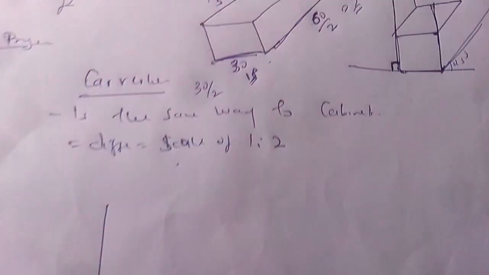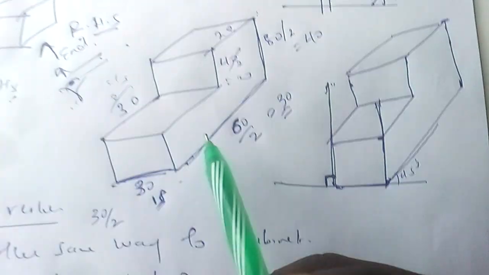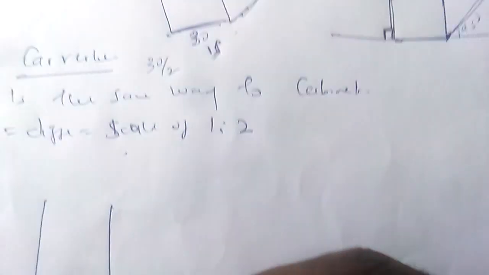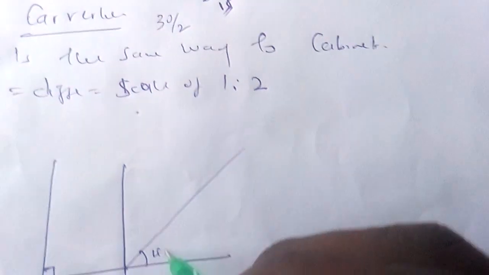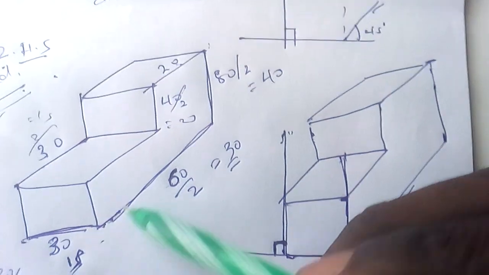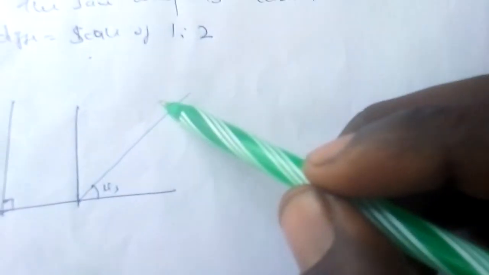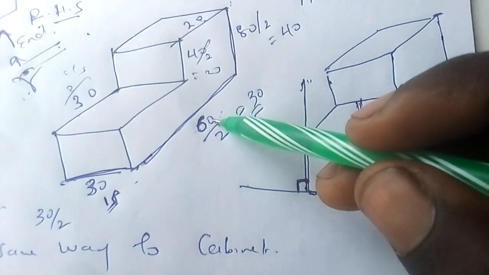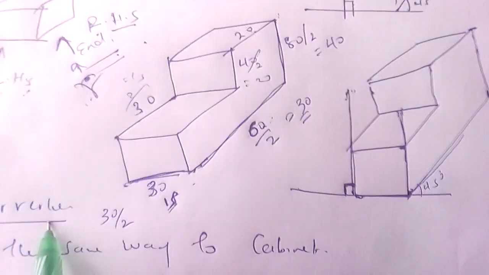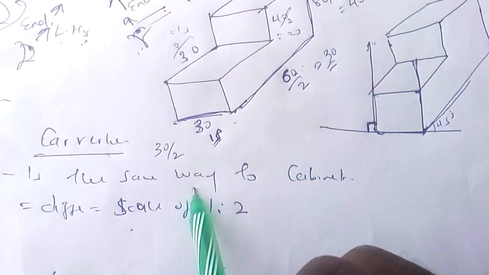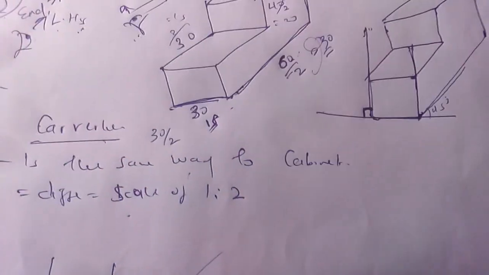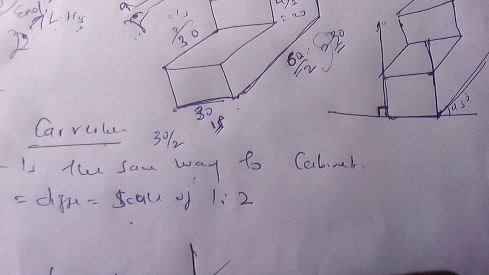So we're representing in our work here. This is 15. You come here, measure 15, mark that point. Then this line should be at an angle of 45 degrees. Let's say it was 60, but since under Cavalier we use a scale of 1 to 2, this 60 divided by 2 is 30.